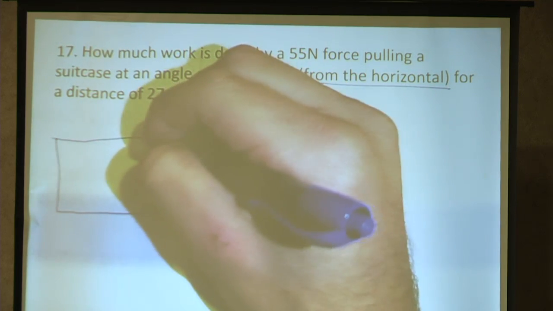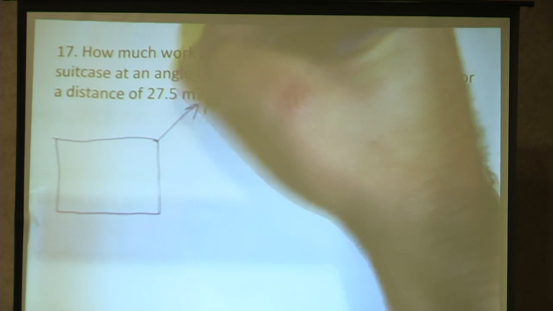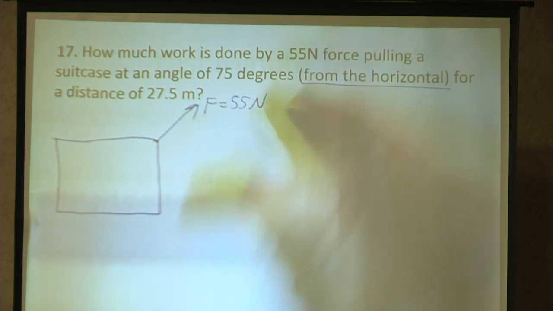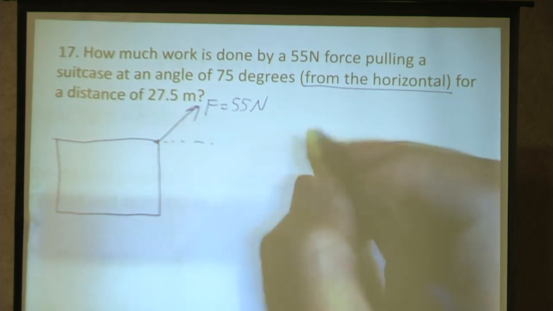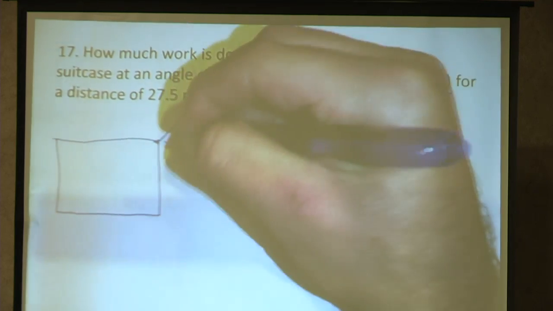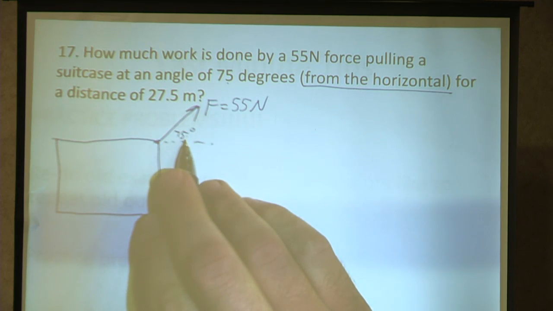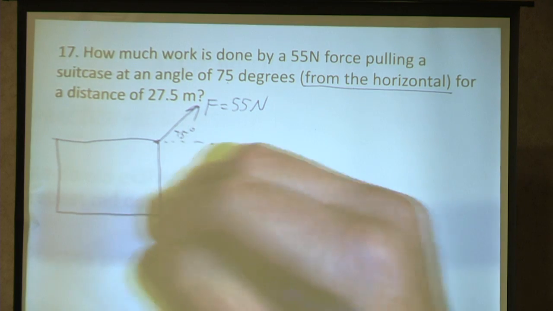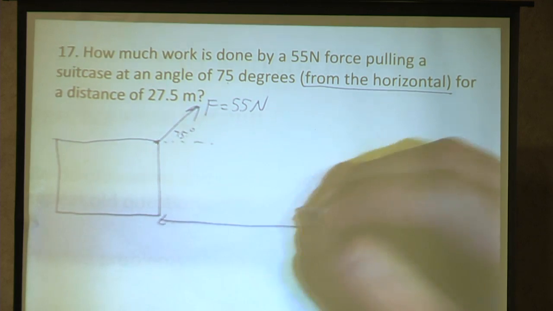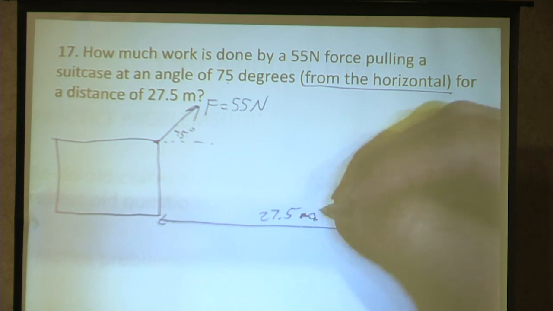So let's just pretend we've got a force like that. F equals 55 newtons. And it's 75 degrees from the horizontal. So that angle is 75 degrees. It moves from here, and it's going to go all the way over here. And that distance is 27.5 meters. So you're pulling it pretty far.